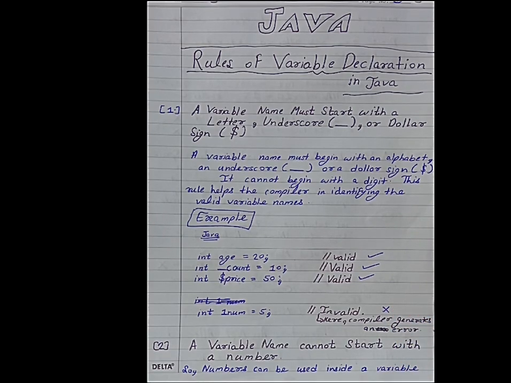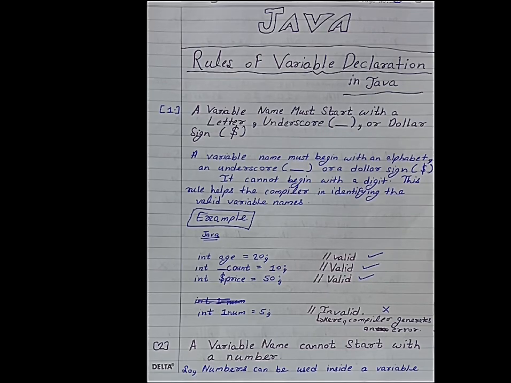So we can say that variable names that start with numbers generate errors. Now let's move to the next rule.